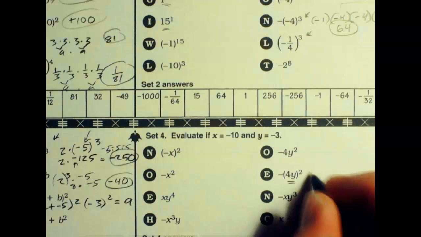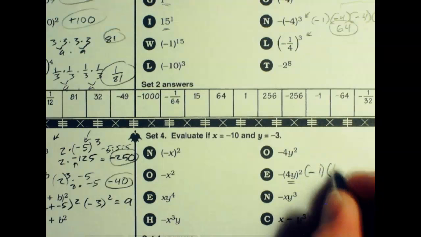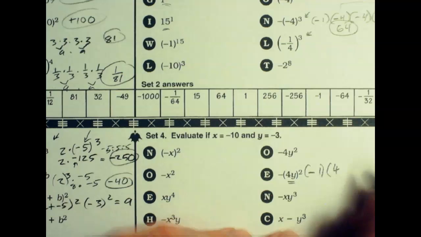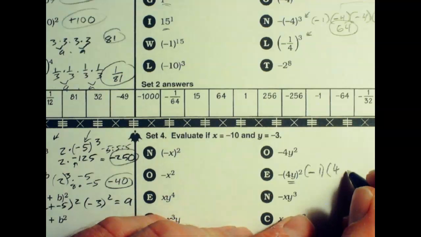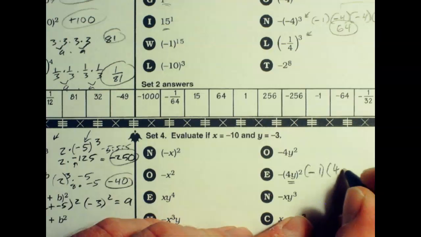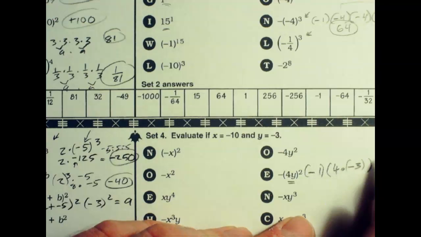This would be a negative 1. It's going to be times 4. And we've got to put y in there. 4 times, and y is negative 3. And then that whole thing is squared.